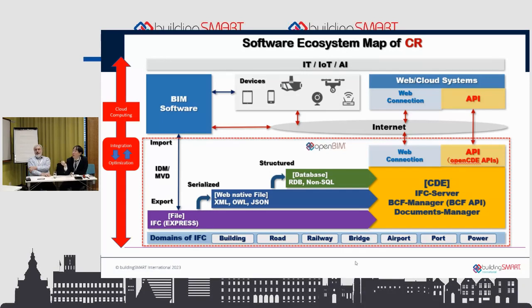Then we can use all those BIM data in Excel, VR, or other devices. That is the ecosystem now. But with cloud computing added, the internet and web connection should be optimized, is my proposal. First you do a migration, then you count some of the response, and then you optimize the system. It is a circle of improvement.